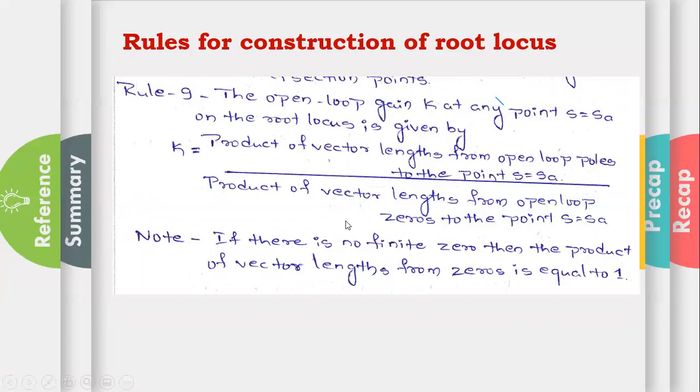Note, if there are no finite zeros in the equation, then the denominator will be treated as 1, because otherwise if I substitute 0, K becomes infinity, and infinite gain is not possible. So to overcome that, whenever there are no finite zeros, the denominator is equated to 1.